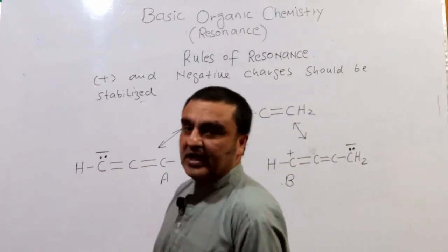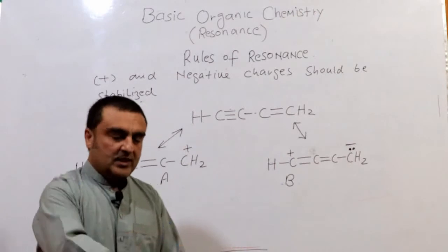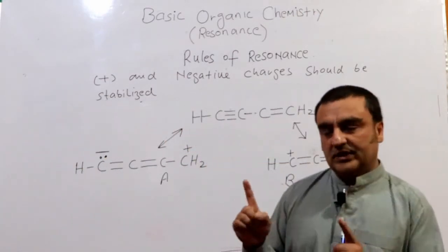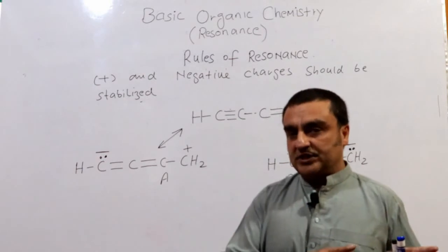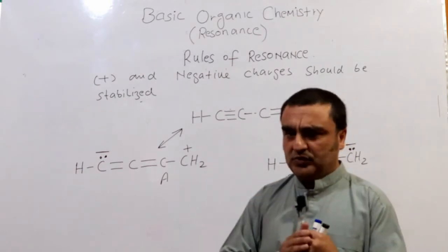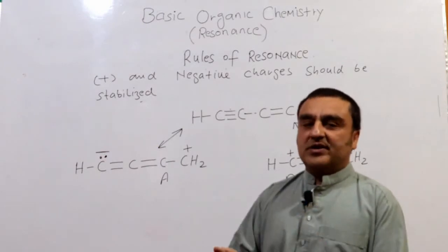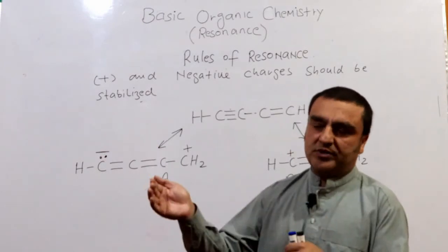But there is another thing which we discussed in the previous lectures or videos: the more the s character, the more the carbon becomes electronegative, or it attracts the electron toward itself, or it forms a short bond.